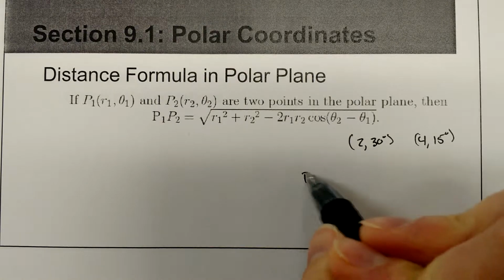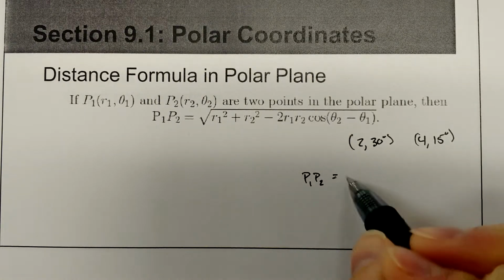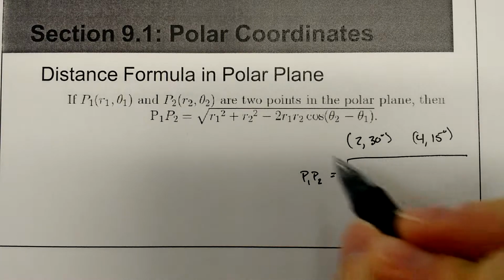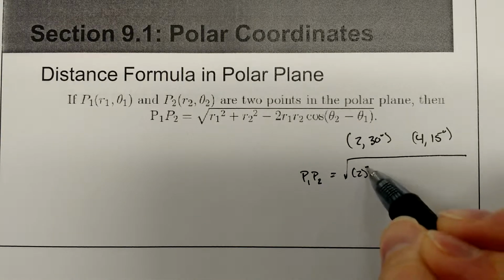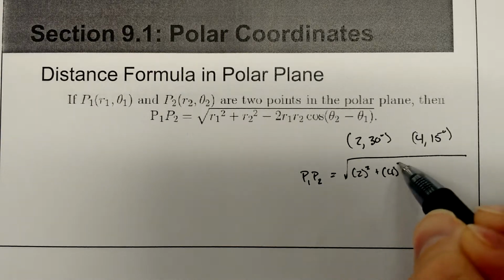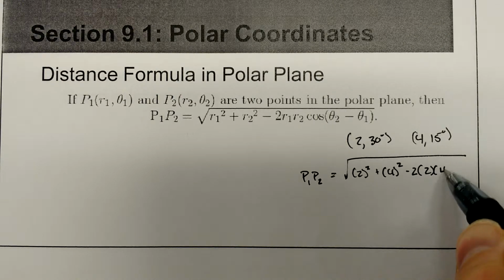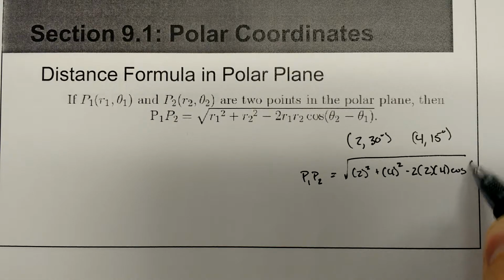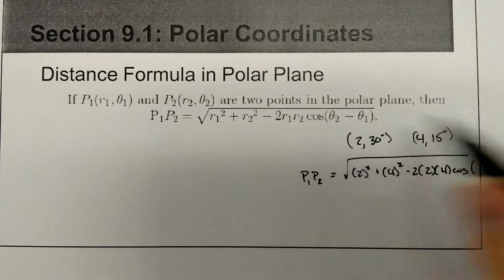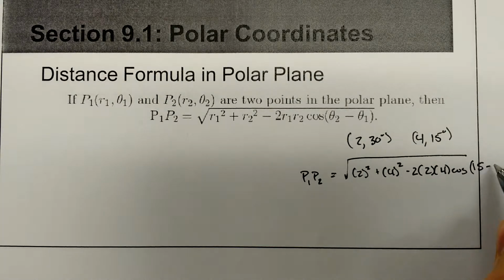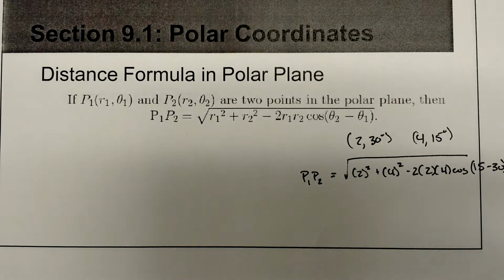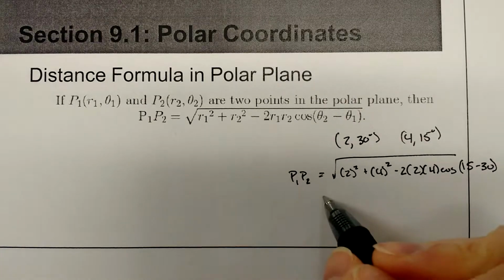So the distance between P1 and P2 is equal to the square root of R1 squared, which is 2 squared, plus R2 squared, which is 4 squared, minus 2 times R1 times R2 times the cosine of the difference of the angles, theta 2 minus theta 1, so 15 minus 30.